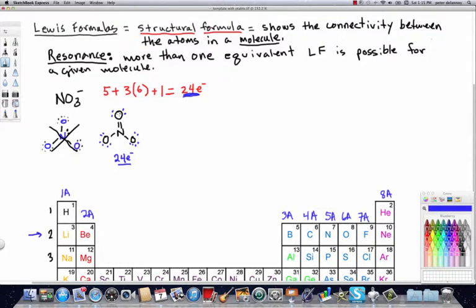A quick inspection indicates that there are 8 electrons around each of the respective atoms in the molecule. Now, what you're going to notice is that we could have put this double bond in either of 2 other locations and it would have made no difference. What I want to do really quick is number the oxygens. This is number 1, this is number 2, and this oxygen here we'll call number 3.